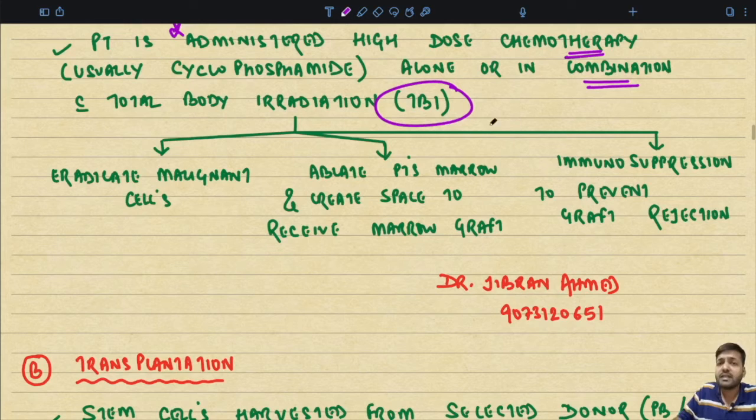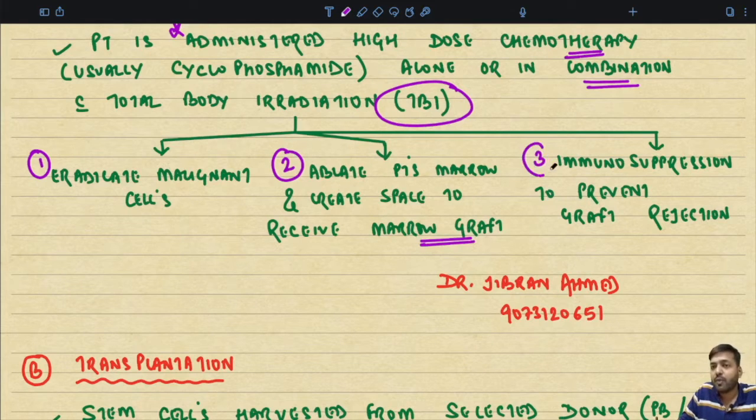So, what is the idea? What is the use of conditioning? Number one function, it is eradicating all the diseased or the malignant cells from the recipient's bone marrow. Secondly, it ablates the patient's marrow, and it is creating a space so that we can place the marrow graft. So whatever healthy marrow has been harvested from the donor can be placed in a space which is created by total body irradiation or chemotherapy.